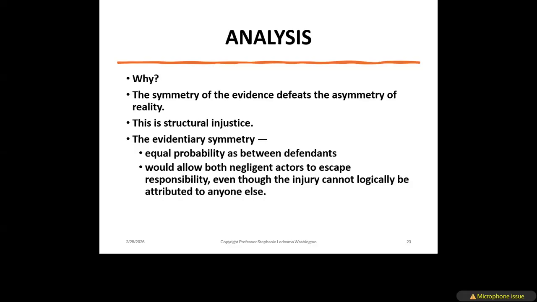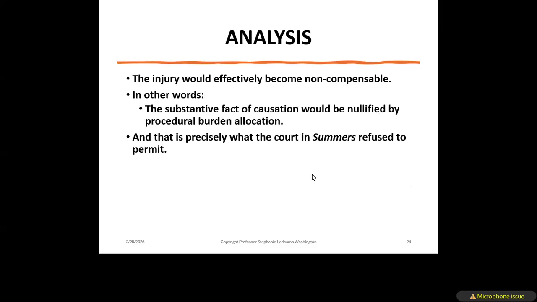The evidentiary symmetry, equal probability as between each defendant, would allow both negligent actors to escape responsibility, even though the injury cannot logically be attributed to anyone other than one of the two. That is structural injustice. So what is a plaintiff to do?